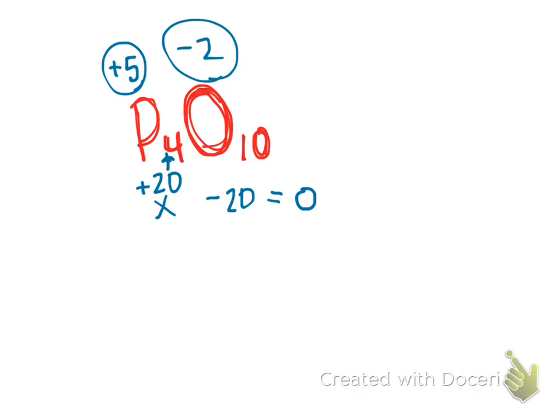Do you want to try a couple on your own? Okay. So I'm going to give you this time the name of the formula. You're going to have to come up with the compound, and then you're going to give me the oxidation number.